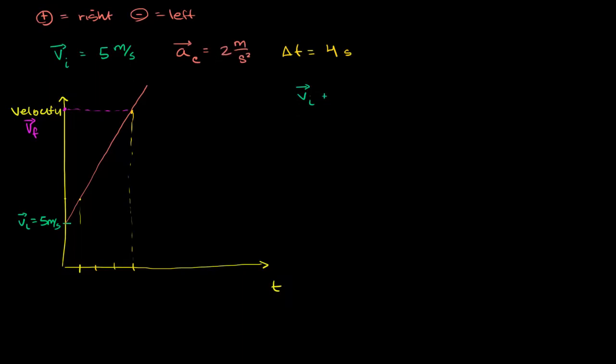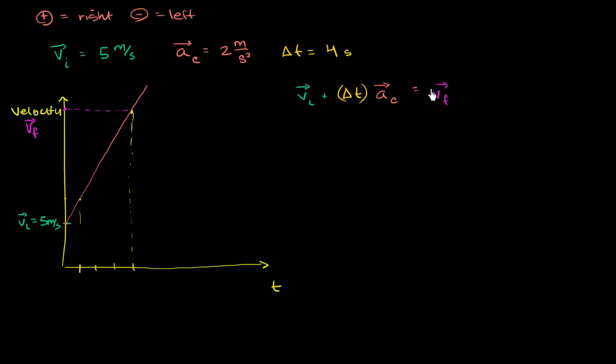So to see how much faster I've gone, I multiply the number of seconds that go by times my acceleration. Once again, I just wrote the subscript c saying that it's a constant acceleration. That will tell me how fast I've gone. If I start at this point and I multiply the duration times my slope, I will get to my final velocity.